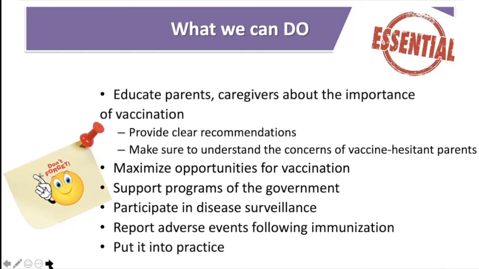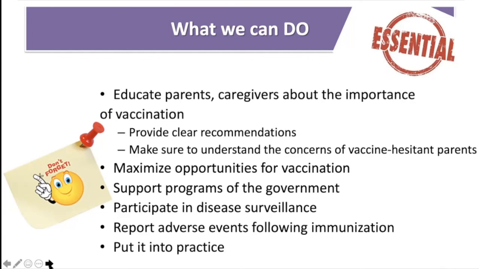We need to maximize the opportunity for vaccination, like giving simultaneous vaccines or several vaccines at one visit, and following appropriate intervals, or making use of combination vaccines. We also offer vaccines to individuals who do not have any proof of vaccination but are at risk of infection.